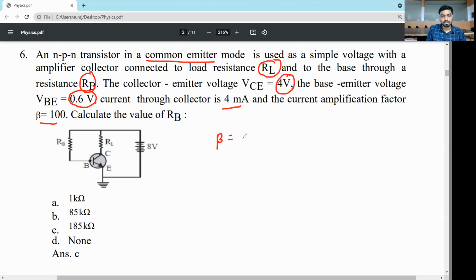That means I output by I input. This is current amplification factor, I output by I input. Now current through collector, that means I output, is given 4 milliampere by I input. Okay. Calculate the value of RB.